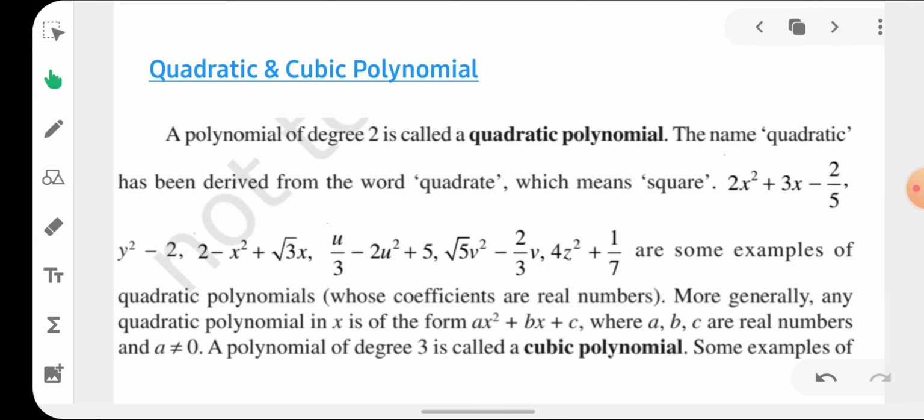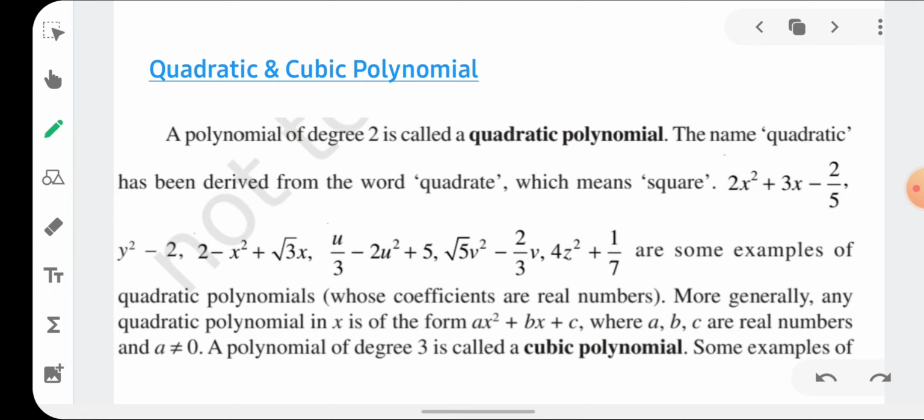And the general form of a quadratic polynomial is ax square plus bx plus c. You can also underline this. Now a, b, c are real numbers, as you have already understood, where a is not equal to 0.